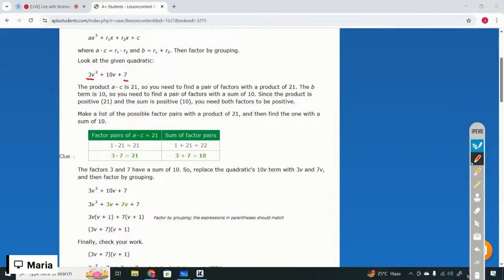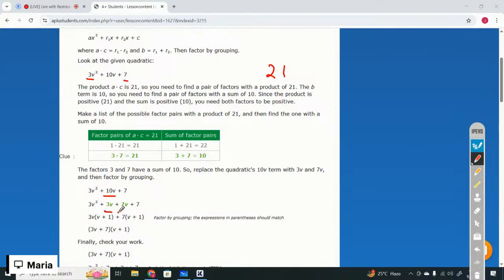We need to do 7 times 3. That is 21. So we need to factor two numbers that when multiplied make 21 and when added make 10.